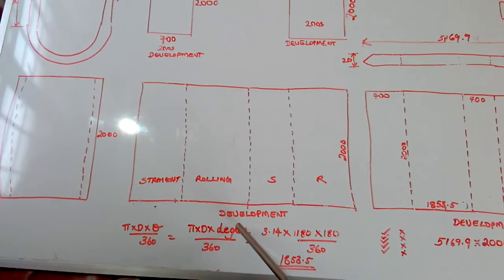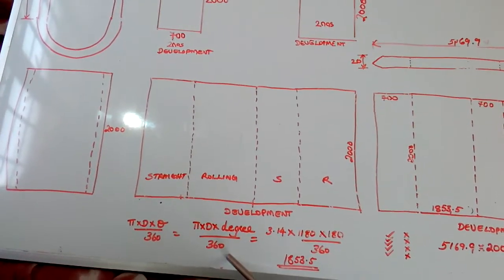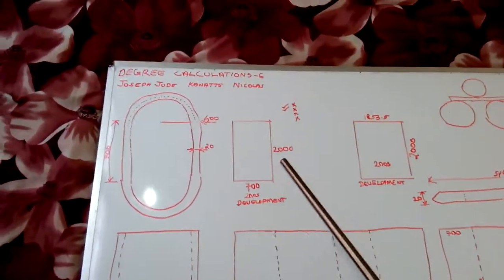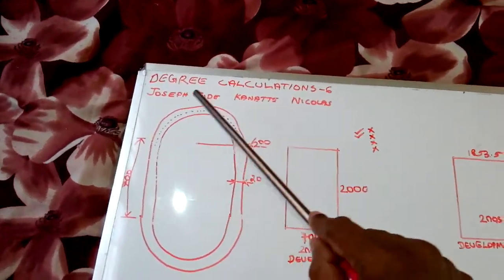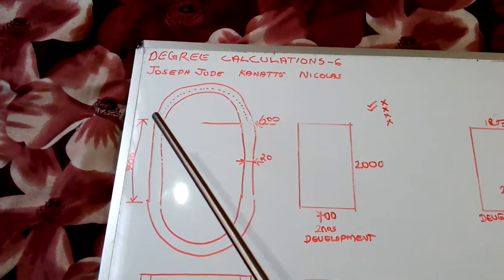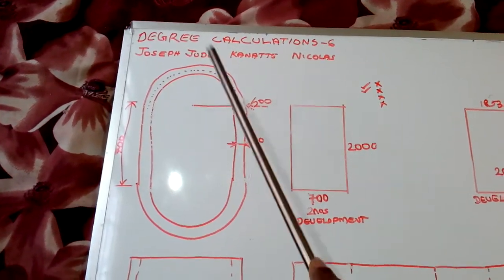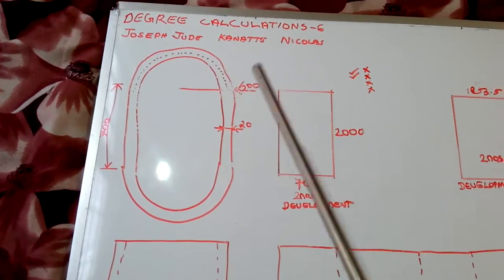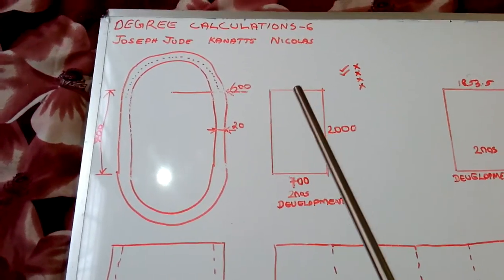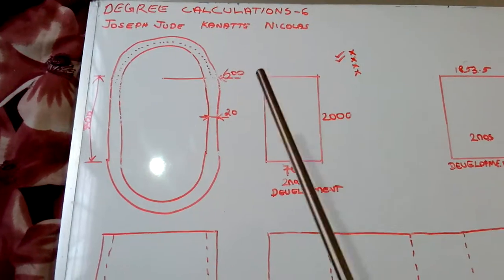Why do we use the formula degree by 360? Because we don't want the full perimeter. If the full degree is 360, we need only 180 degree. So 180 by 360 is equal to 1 by 2. 180 by 360 becomes half of the total.